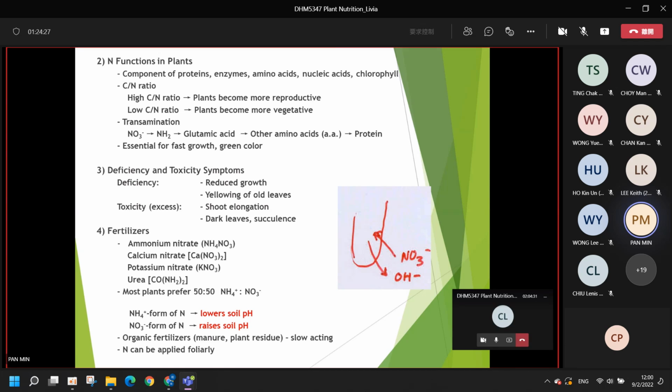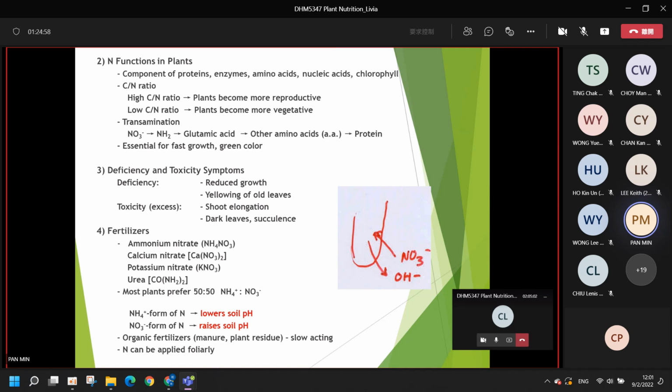And in the other situation, the anion form, the nitrate form of the nitrogen, needs to combine with one released available hydrogen ion in the soil solution, so it can help to raise the soil pH. So the best choice for the selection is to select half one.